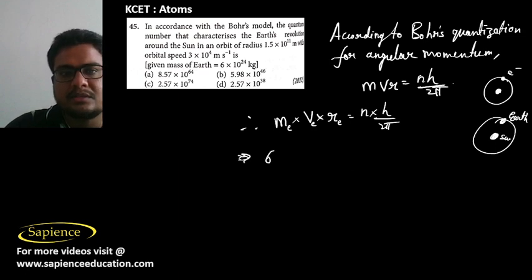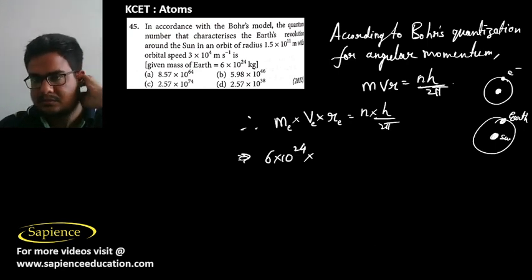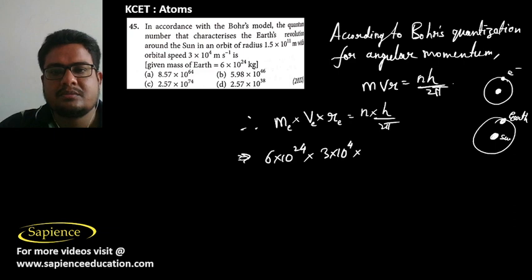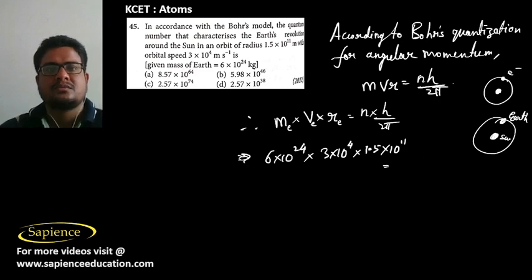Therefore, mass of the Earth, that is 6 into 10 power 24 kg, into the speed of the Earth, that is equal to 3 into 10 power 4 meter per second, and the radius of the Earth's orbit, that is 1.5 into 10 power 11, that is equal to nh by 2 pi.